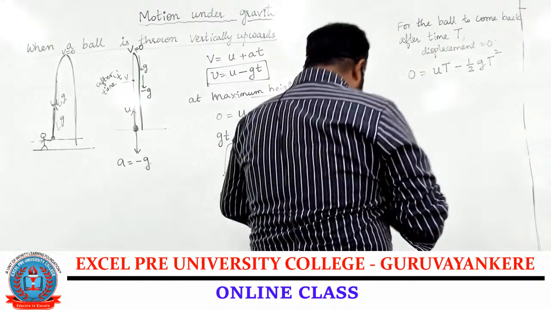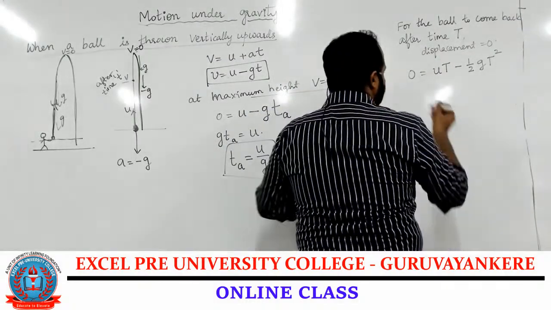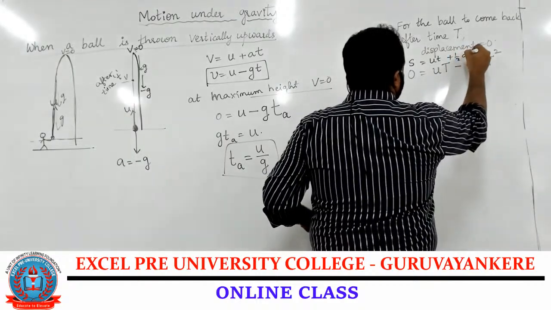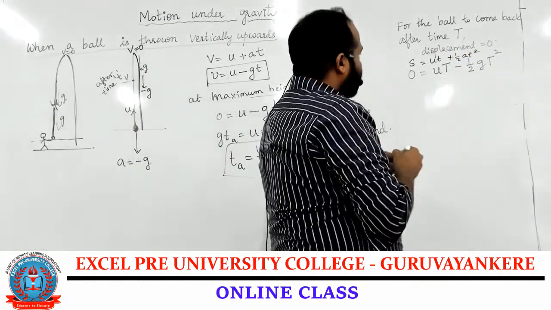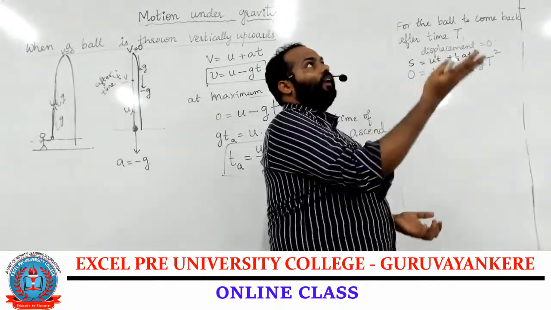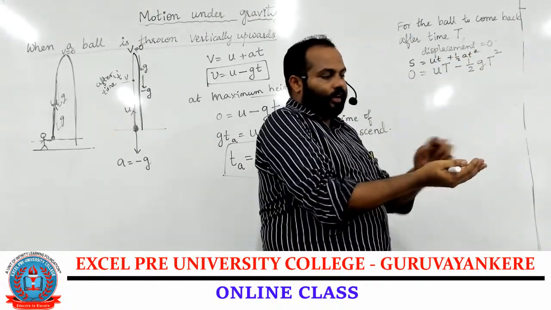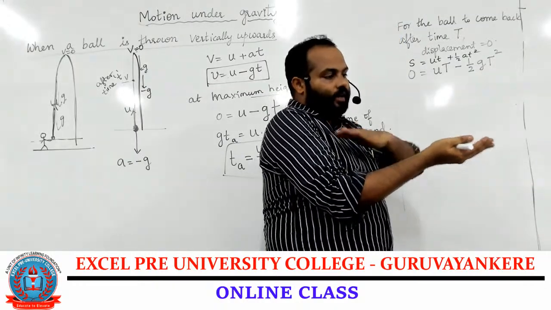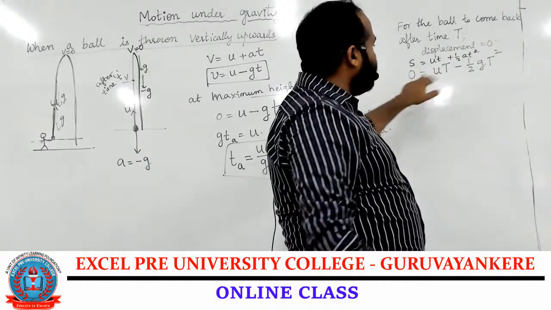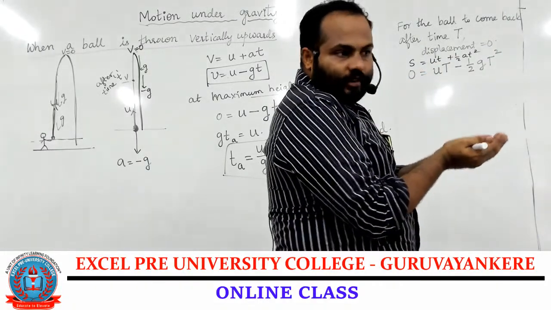Which formula did I use? S is equal to ut plus half at square. Now, since it is thrown from a level and comes back to the same level, goes up and comes back, its vertical displacement is zero because its initial and final positions are the same, no?